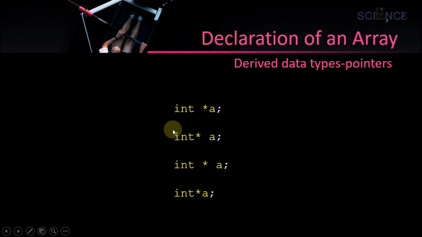As you wish. You can use any of these 4 methods. Then you can create a pointer. Then you can assign an array into this pointer, right?